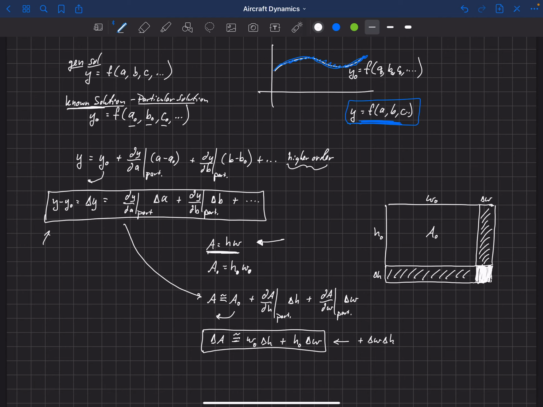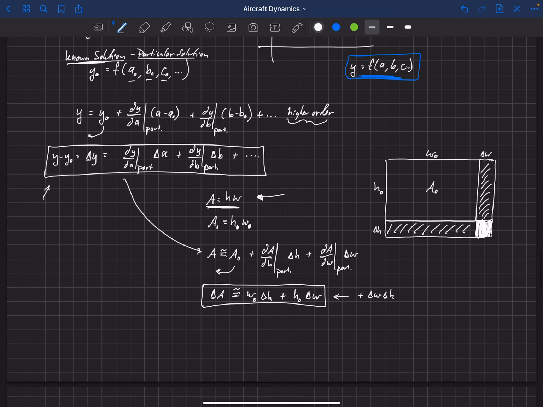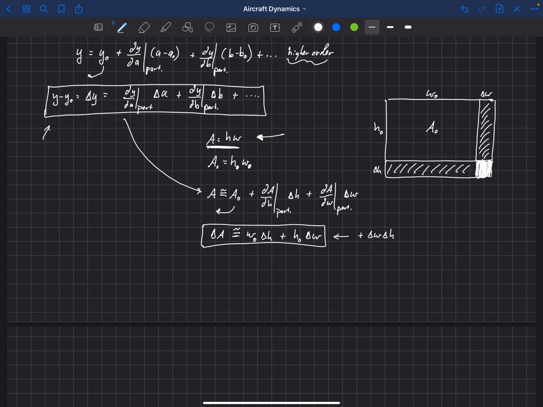Okay. Now, I want to show a slightly different approach that we could use for this particular rectangle example. So let me just put over here another approach to the same problem, which would give us the same solution. Our general solution area is equal to H times W, but I'm going to write H as H naught plus a delta H, right?